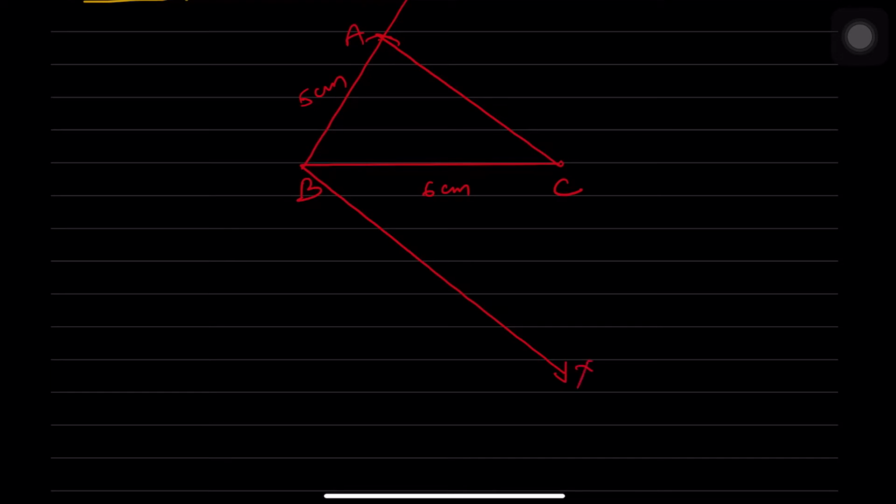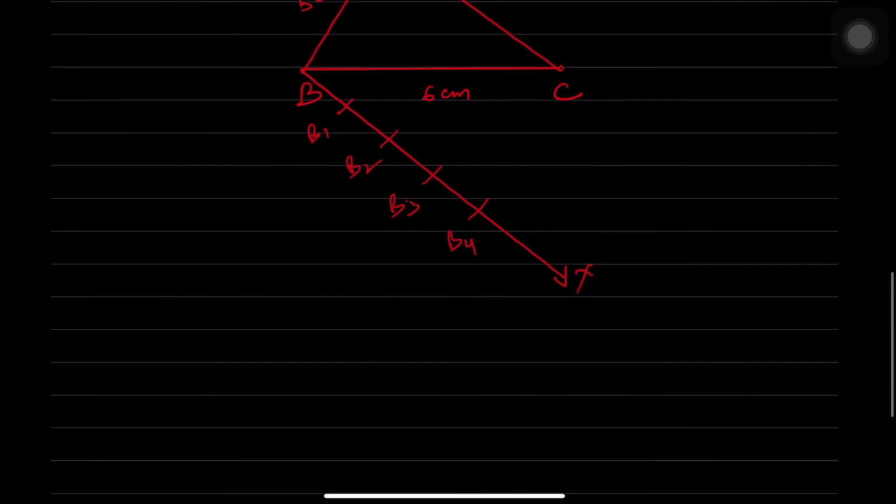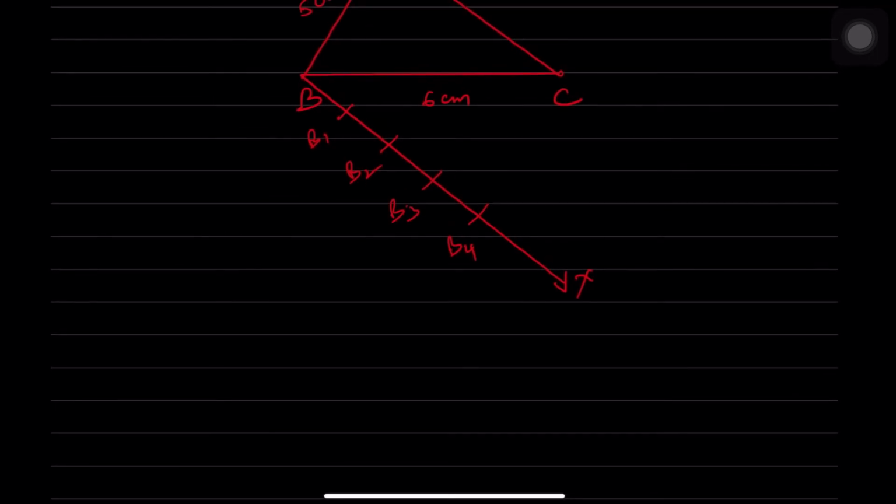We divide into parts, and 4 is greater, so we divide into 1, 2, 3, 4 parts: B1, B2, B3, B4. Now from the bigger part we have to join to C, so we join B4 to C.